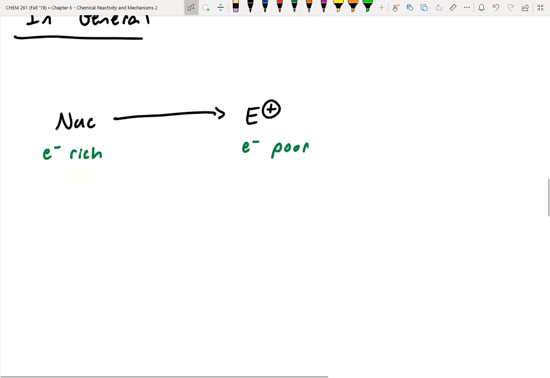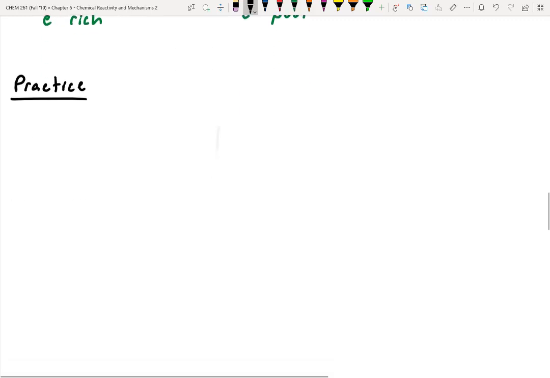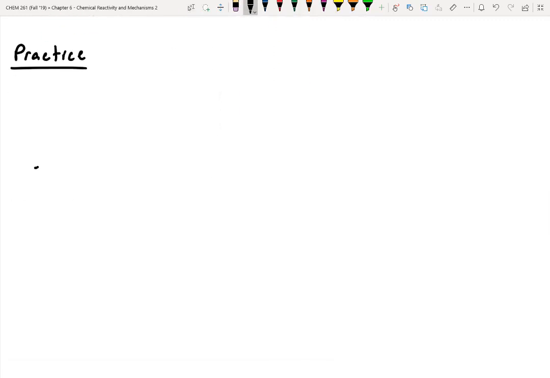All right, so let's do a little bit of practice. So I've got this molecule here. And when this reaction is all done, it's actually going to make a ring system.